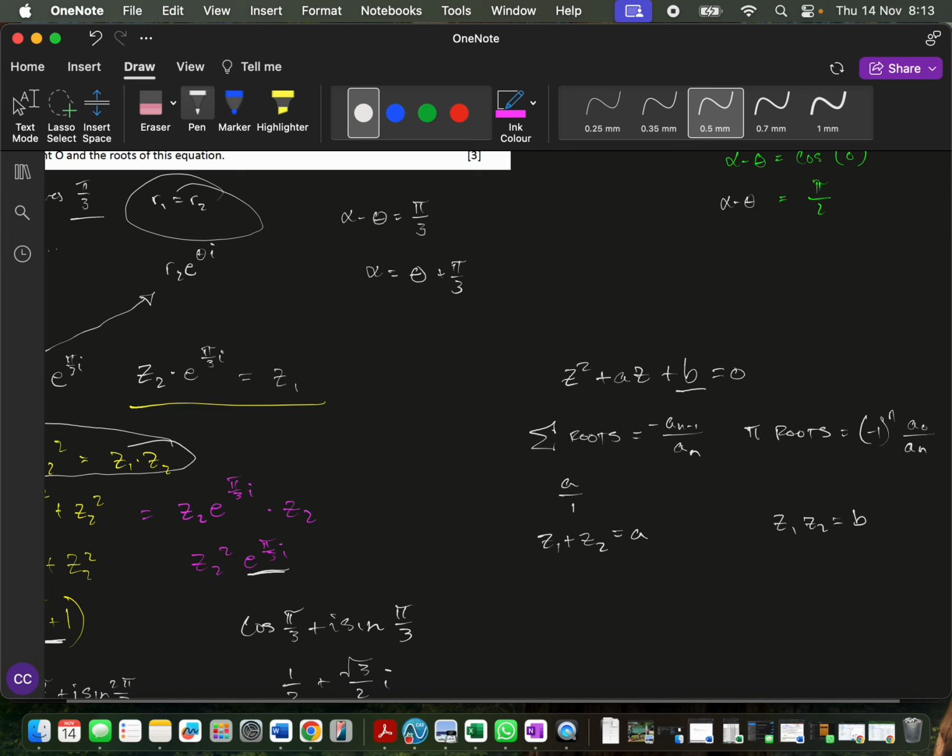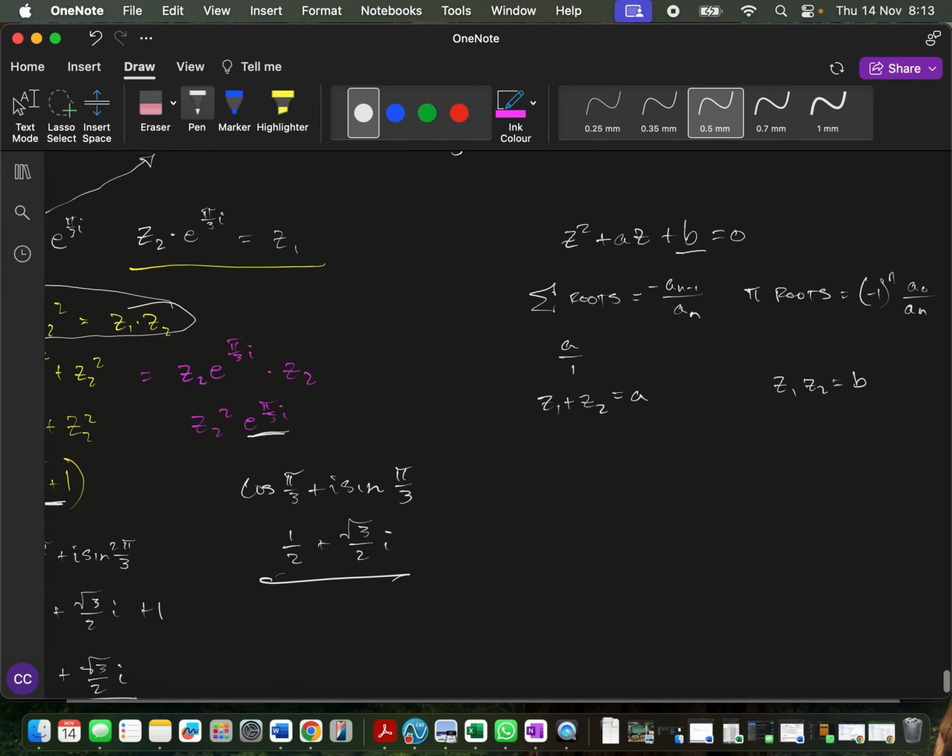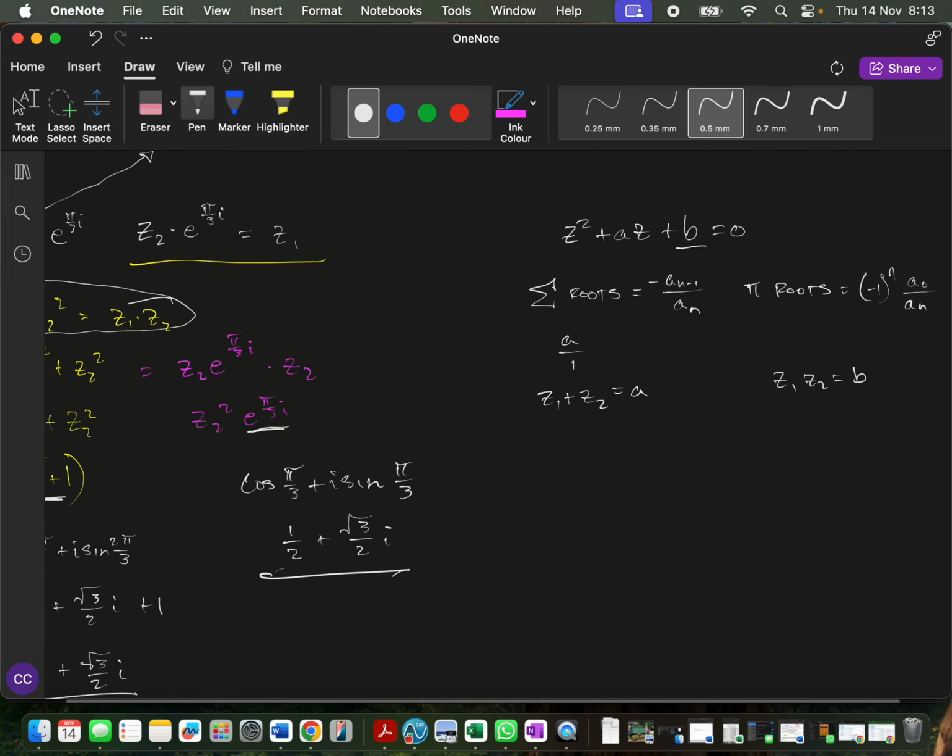With those defined, we can do a little bit of work. We know from earlier that z1 squared plus z2 squared is equal to the product of the roots, so right away z1 squared plus z2 squared is the same as b.